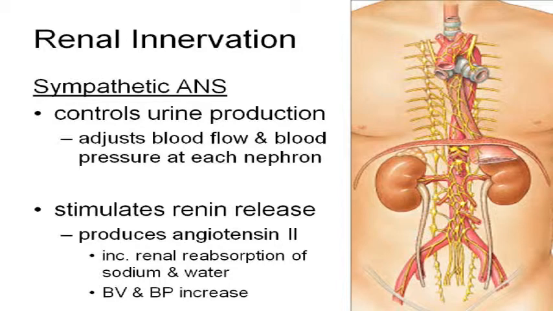Renin starts the activation of angiotensin. Angiotensin 2, remember, causes vasoconstriction. It stimulates the release of antidiuretic hormone, which makes you reabsorb water. It stimulates the release of aldosterone, which makes you reabsorb sodium so that it's easier to reabsorb the water. And it makes you thirsty. So those four things increase blood flow and blood pressure, blood volume and blood pressure.